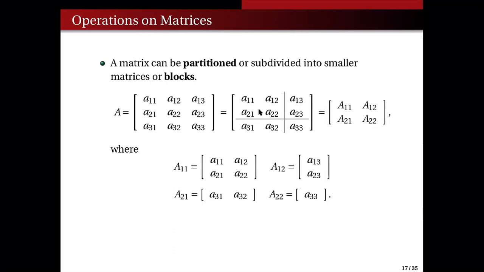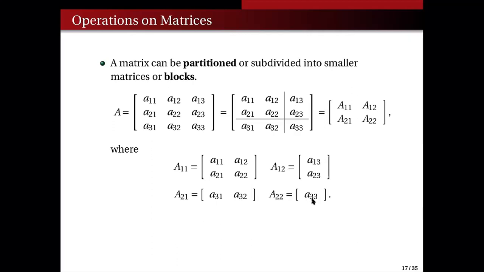A11 is this matrix here: a11, a12, a21, a22. A12 is this column vector here: a13, a23. A21 is this row vector here: a31, a32. And capital A22 here is this matrix here, a33.